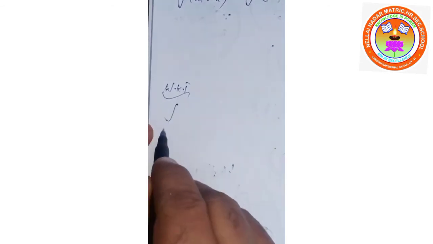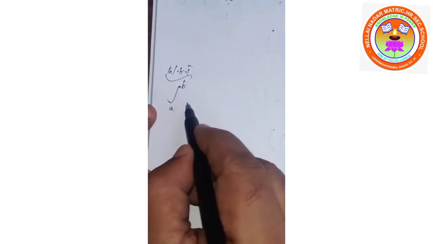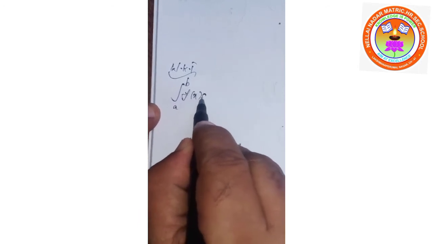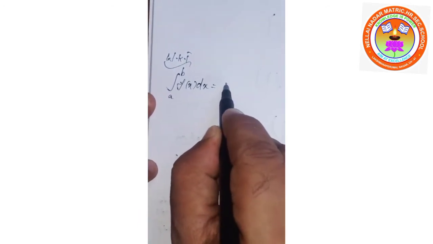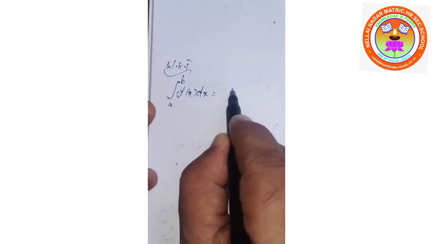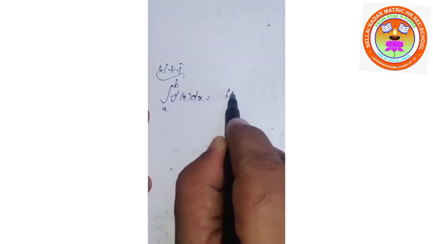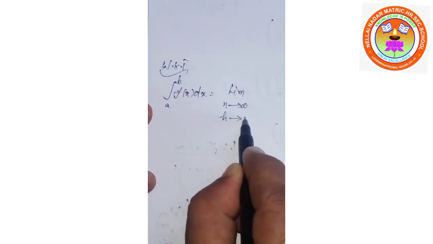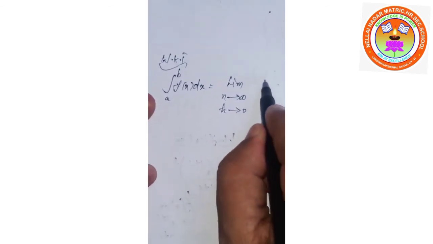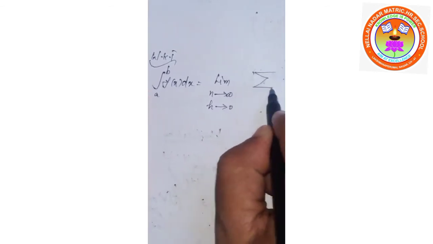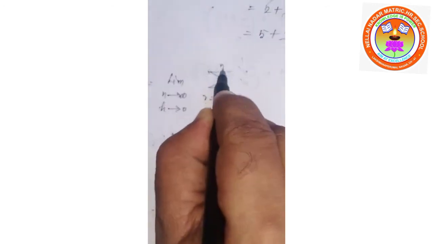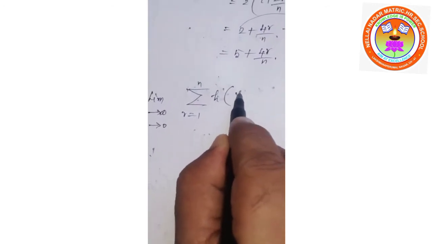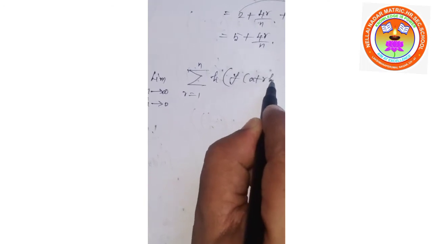Then write the formula: integral a to b f of x dx is equal to limit n tends to infinity, h tends to 0, sigma r equals 1 to n, h into f of a plus r into h.